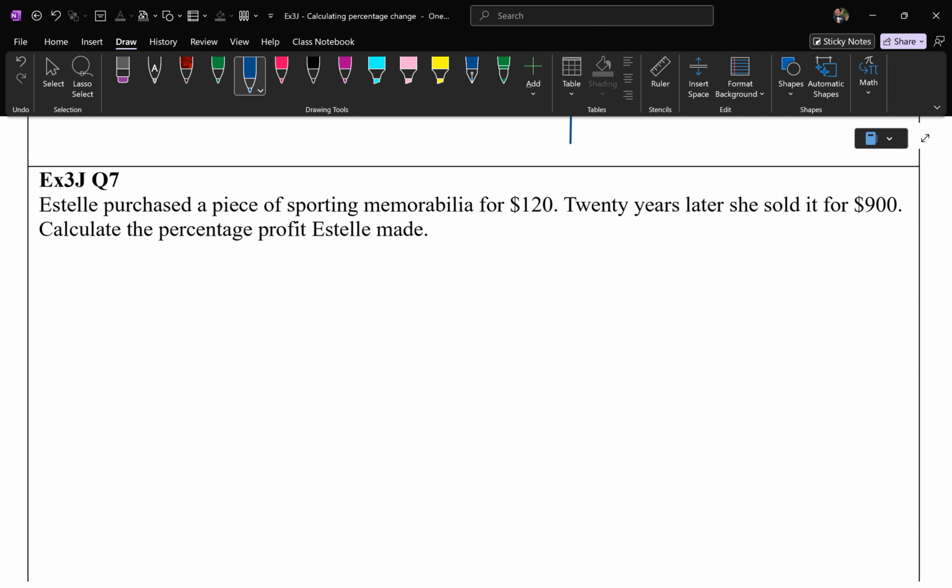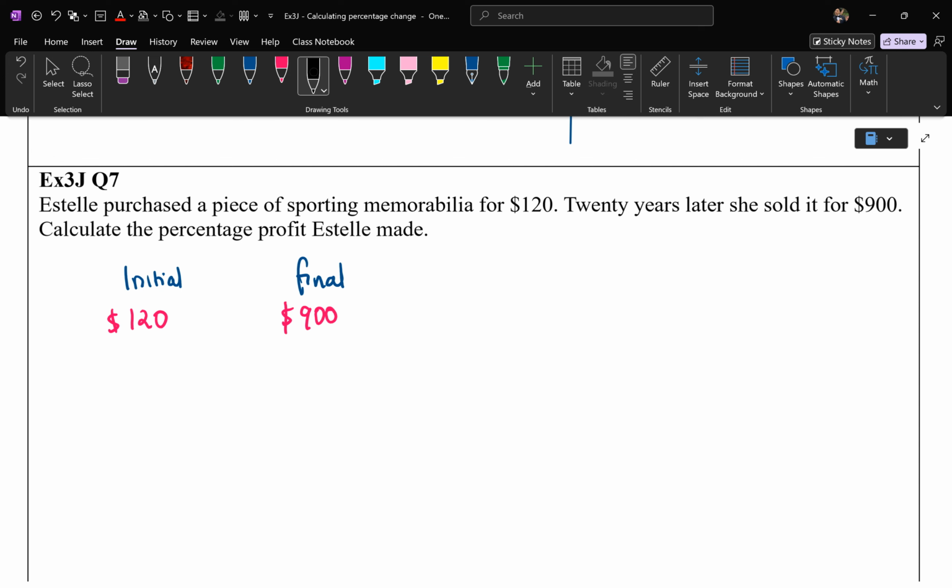Same thing again. Write out your starting point. So initial, final. What's my initial? Can I please have Hamza? What was the initial amount? 120. Very good. What was the final amount? Let's go with Belinda. 900. So we went from $120 to $900.